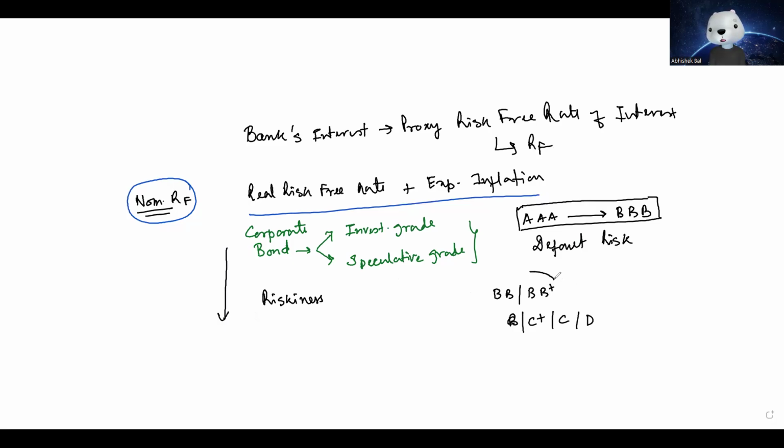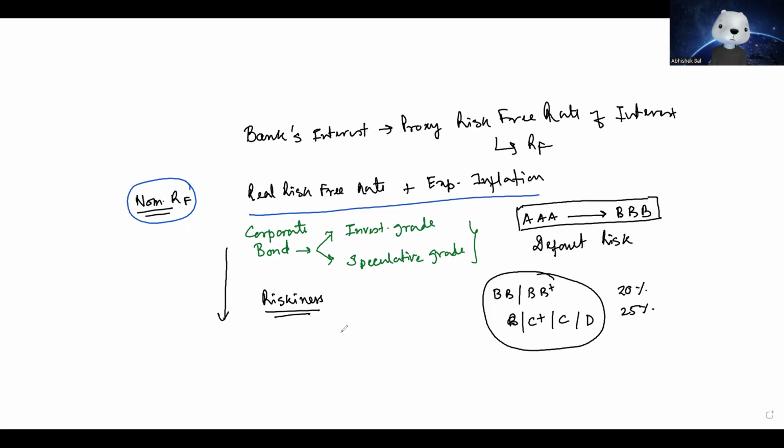Of course, these are the bonds that exist in the market under the speculative grade, offering very high coupons, sometimes up to 20% or even 25% coupon has been heard of. What I'm trying to tell is that as we go down the ladder of quality, the riskiness of these bonds or interest-bearing securities also increases.